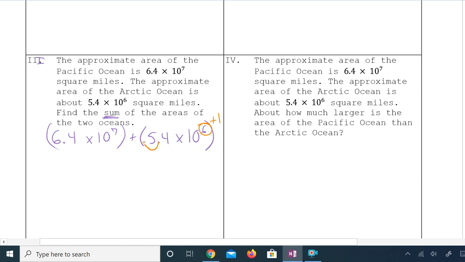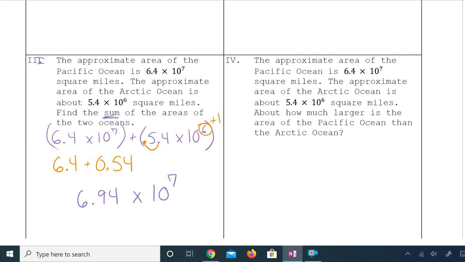So I'm going to swing my decimal 1 place to the left, which leaves me with the addition problem, 6.4 plus 0.54, which is going to give me the value 6.94. And then my powers of 10 stay the same, times 10 to the 7th, which was the magnitude that I was trying to match when I added 1 to 6.